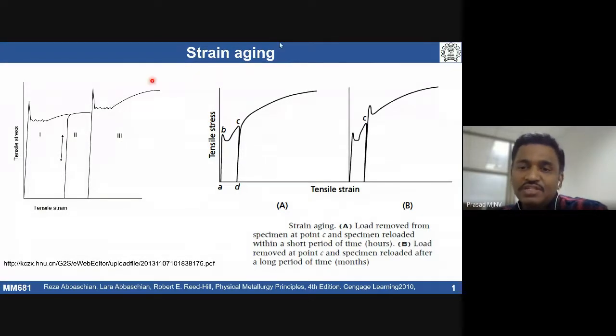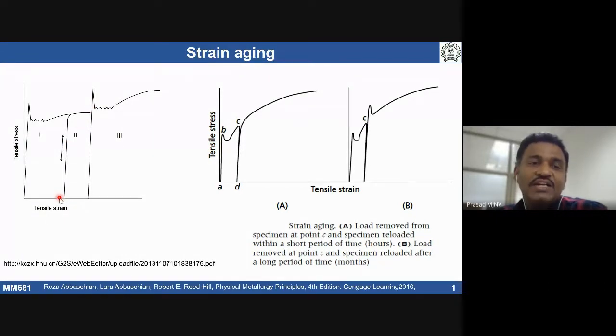This is quite commonly seen in steels, so one has to be very careful. If you deform the material and hold it for a while before forming it, that is going to create a problem once again. After temper rolling of low carbon steels, we have to form it immediately.